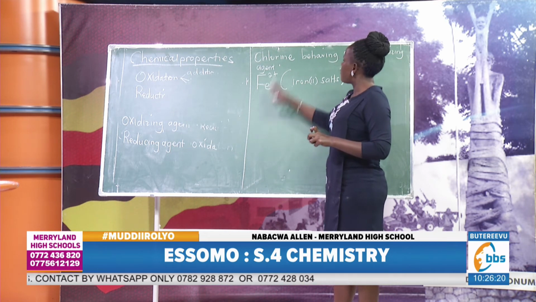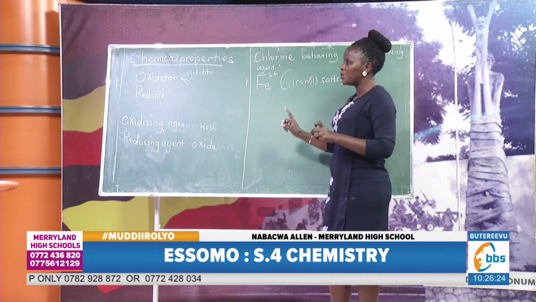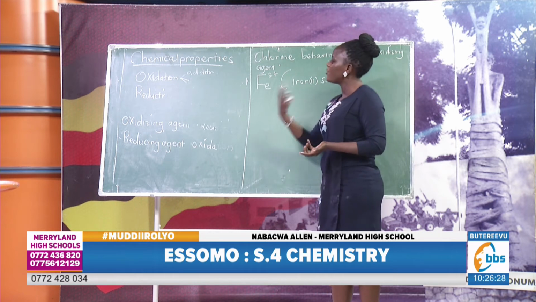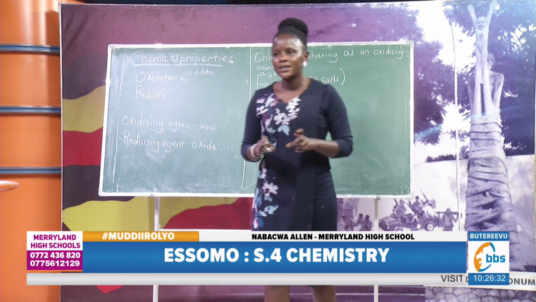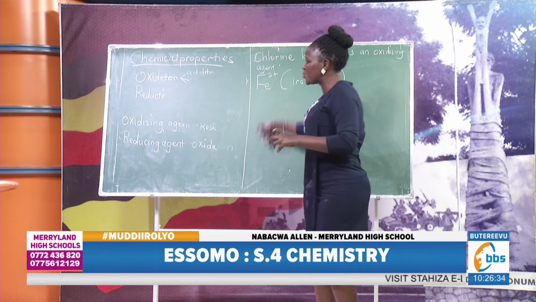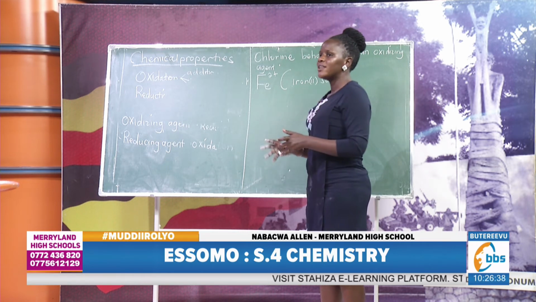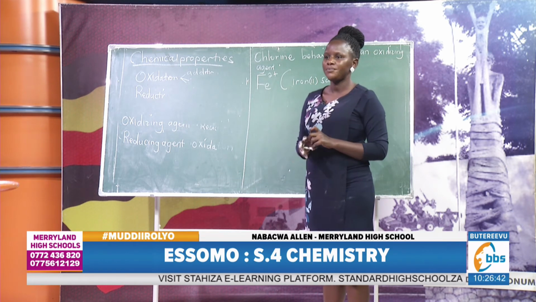So whenever you bubble chlorine gas through a salt containing iron 2, it will be oxidized to iron 3. Therefore, you expect that a pale green solution, which is the color of iron 2, will turn to a yellow solution, the yellow being for the iron 3.